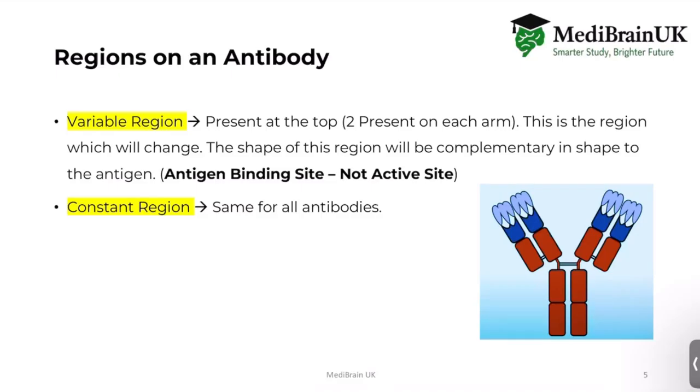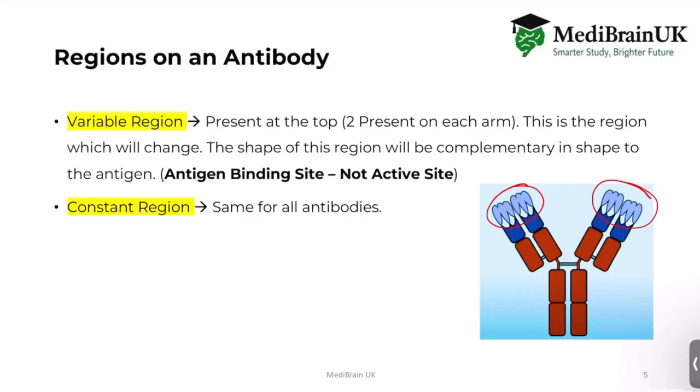Now, the variable region is present at the top. So this region over here is your variable region. That's the part of the antibody which is going to change for different antibodies. That region will be complementary in shape to the antigen. Just remember, when we're talking about enzymes, we mention active site.